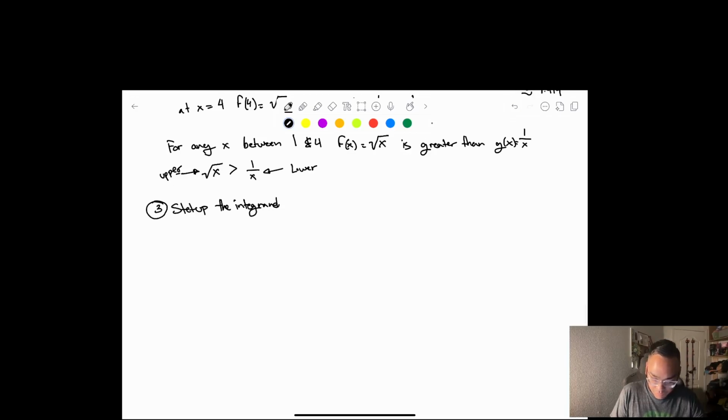So V is equal to the integral symbol, 4, 1, and then 2 pi r. And if you remember correctly, what was our thing? It was f of x, which is the square root of x, minus 1 over x, bracket dx.